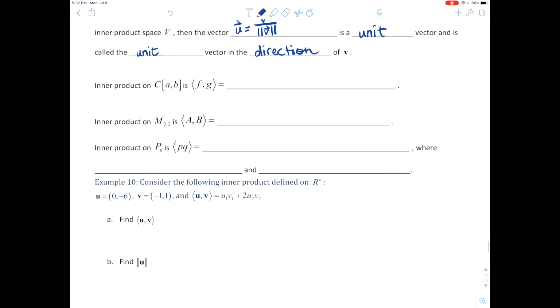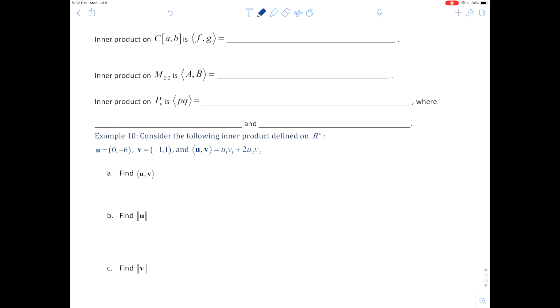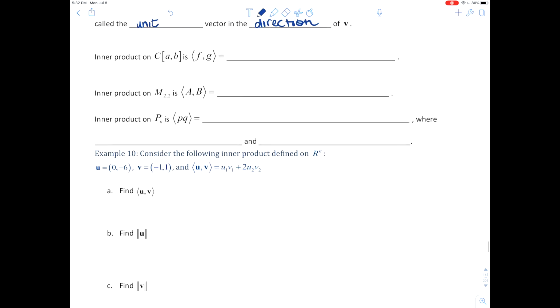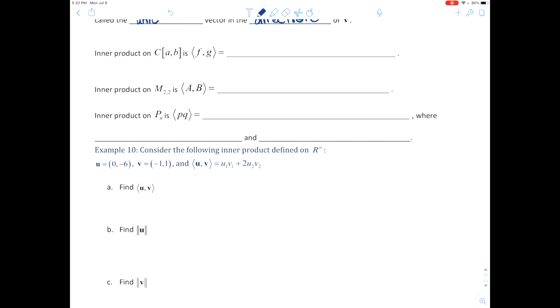Now, the inner product on the set of continuous functions on a closed interval from a to b: the inner product of f and g is the integral from a to b of f of x times g of x with respect to x. Yes, you still have to know how to integrate.